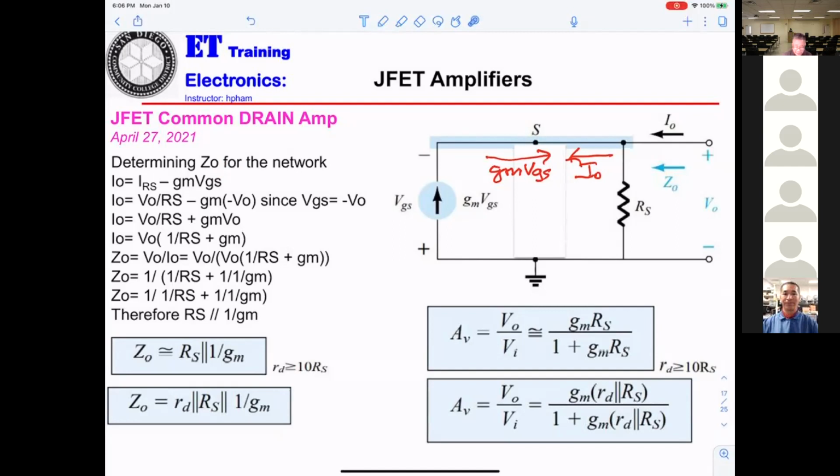IS, that means they go this way here, minus GM times VGS, that means this current. And then also they can get I out equal V out divided by RS. If you get the V out, you divide by RS, that's telling you the IRS. Okay.